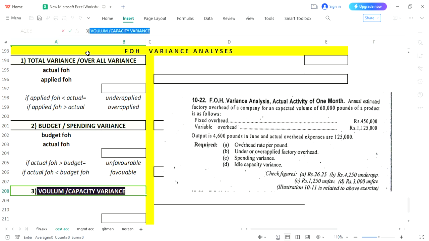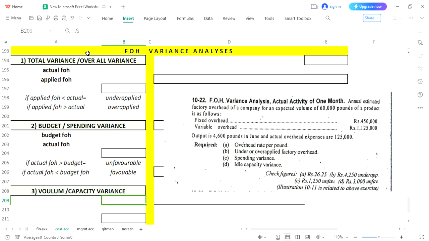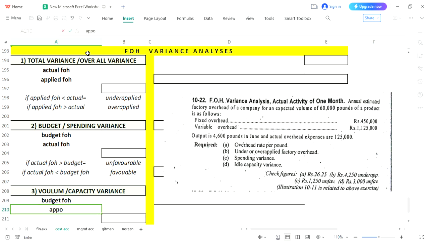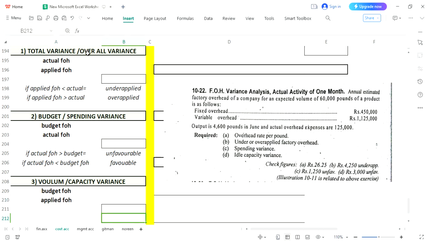Third variance is volume or capacity variance, the relation between budget and applied. What you will do is write budget FH first and then applied FH. Here you will calculate the variance by taking the difference between budget and applied. For conclusion, you will be focusing upon your budget.